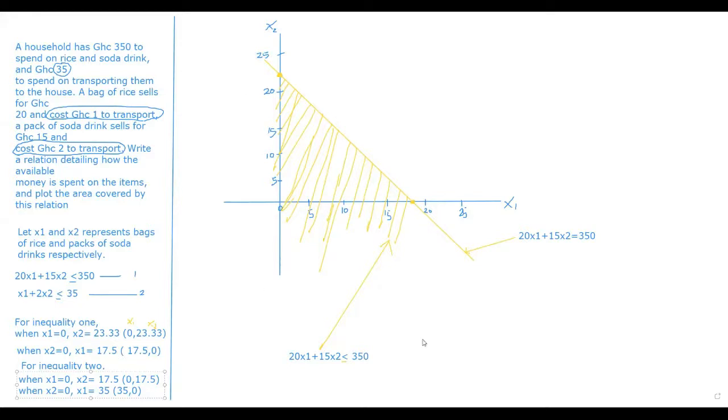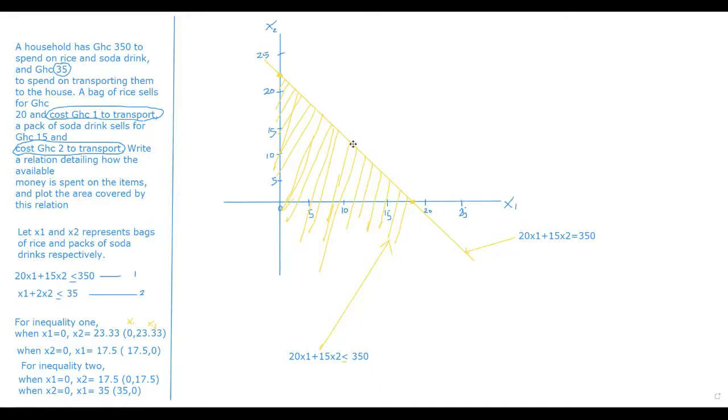Someone asked about the equal sign since we are using inequality. Here we are just deriving the coordinates, so we have to use the equal sign; it doesn't affect your work. You get it?